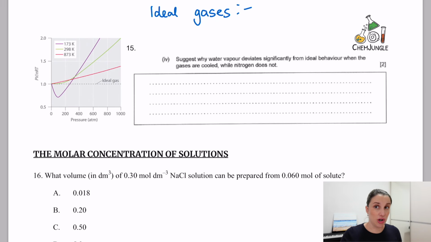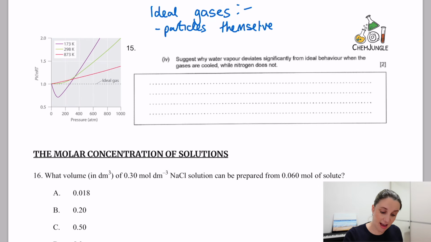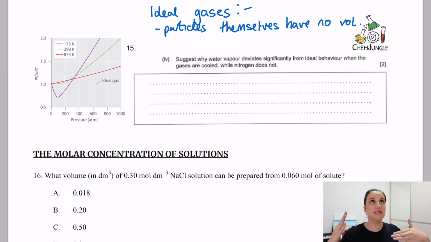So things that you should know is that when we say ideal gases, the assumption that I'm making is that the particles themselves have no volume at all. What I mean by that is that when I'm looking at the space that it occupies, we're just looking at the space between particles.